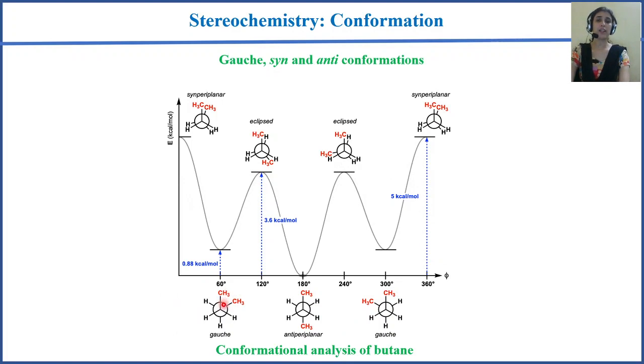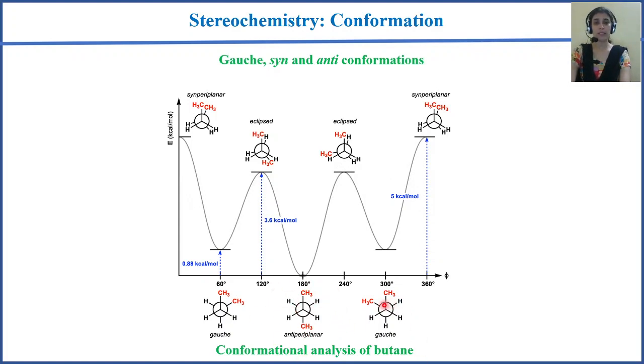Now if we carefully think, the energy content of these two is the same, and a little bit higher than this one, because in this case the two methyl groups are at a 180-degree dihedral angle separation. This is known as the anti-periplanar, anti conformation.